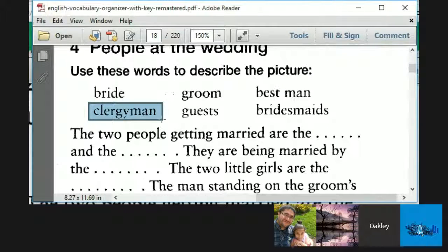This is a very low-level local government official, but one of his responsibilities is that he can marry people. People that don't want religion involved in their marriage ceremony might have a justice of the peace marry them. That would be common.